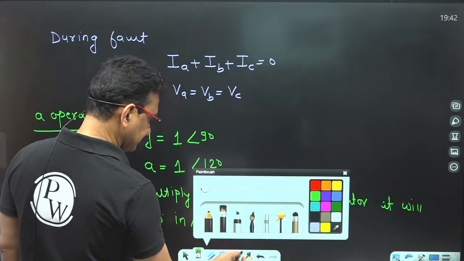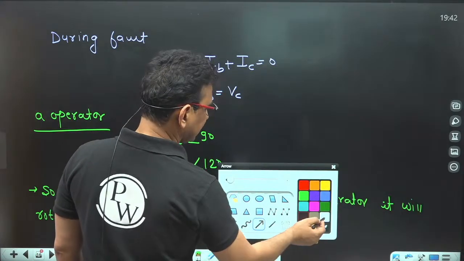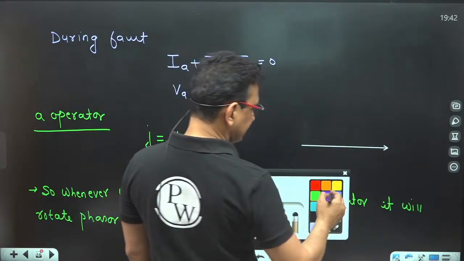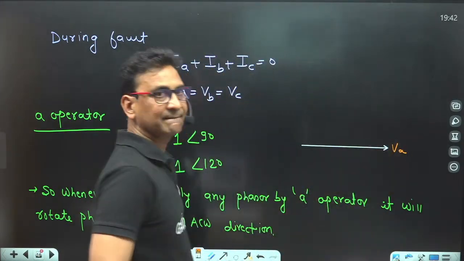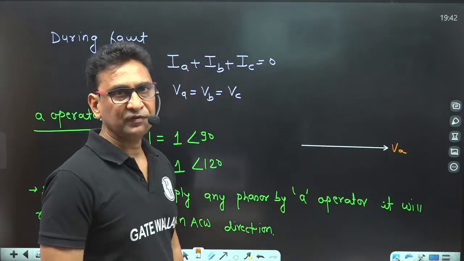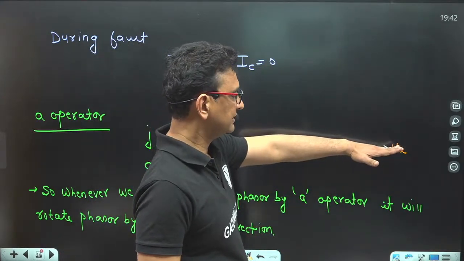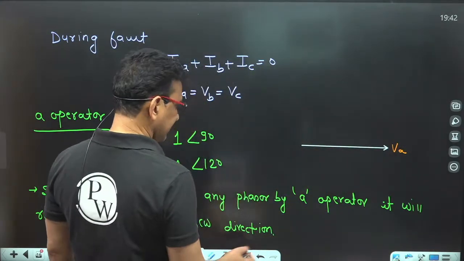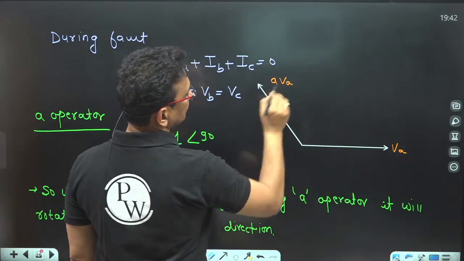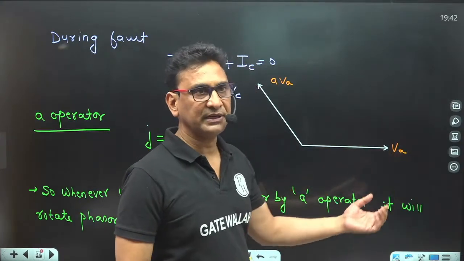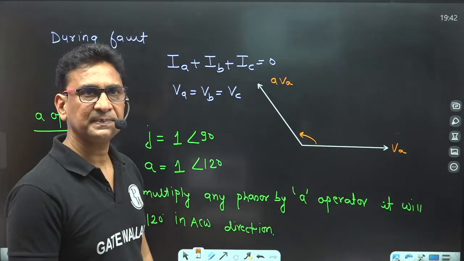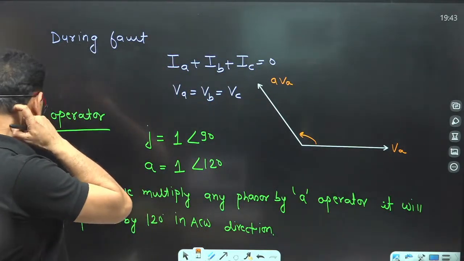Clear? Suppose let us assume that this is our phasor, just assume that it is VA. If I multiply the VA phasor with the A operator, what will happen? It will rotate the phasor by 120 degrees in the anti-clockwise direction. So this becomes A into VA. Clear?